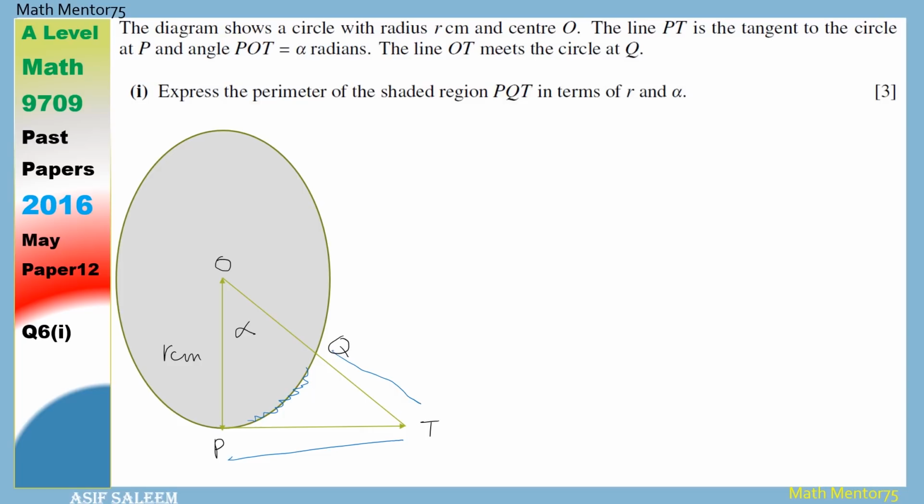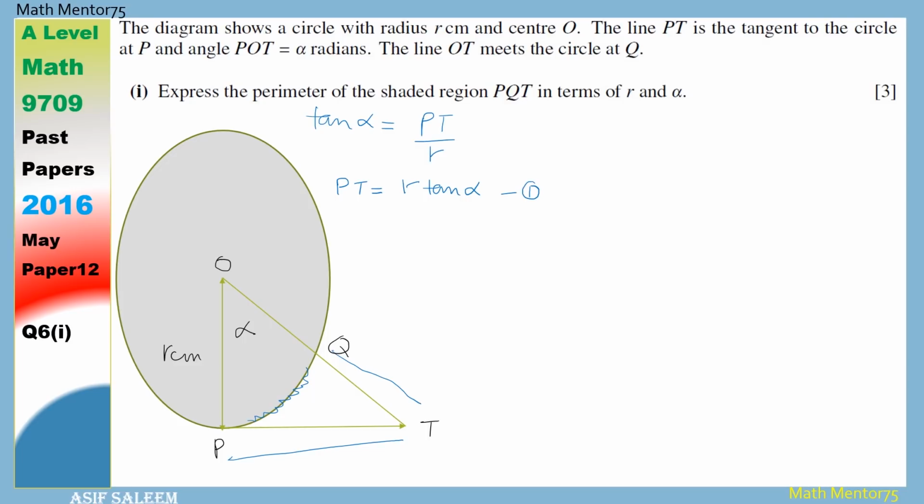If you focus on this right angle triangle, we can apply trigonometric ratios. So tan alpha perpendicular is PT and the base is R. So the PT length is R tan alpha. So it means we have our first requirement, PT.